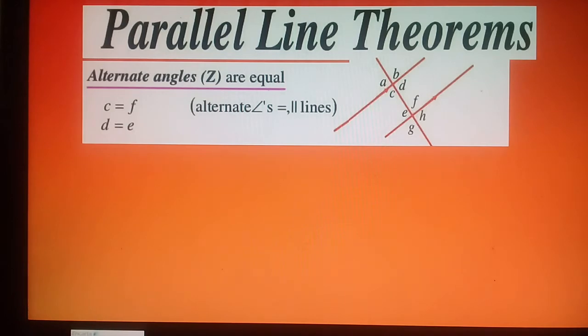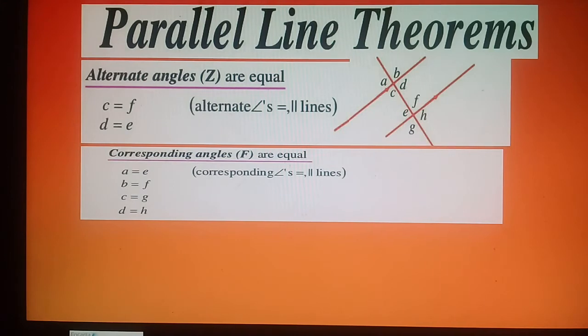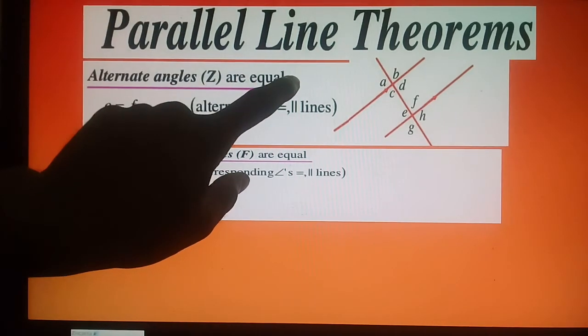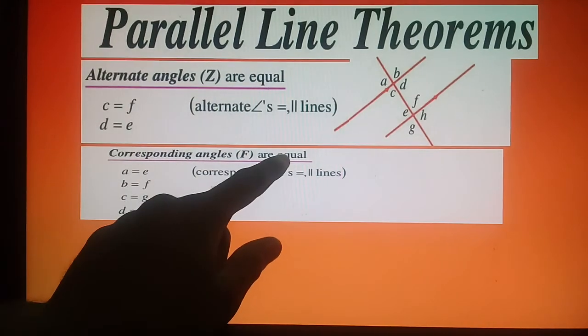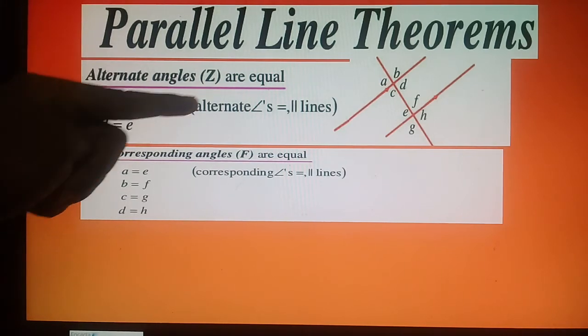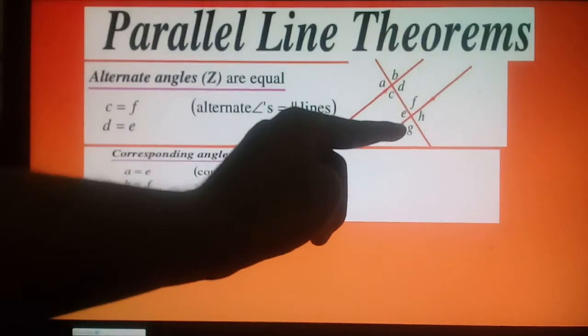Let's look at another important fact. We have what we call corresponding angles. Corresponding angles usually form what? F shape. Corresponding angles are equal, just like alternating angles are equal. They say A equals E. Corresponding angles are equal, they form an F shape.